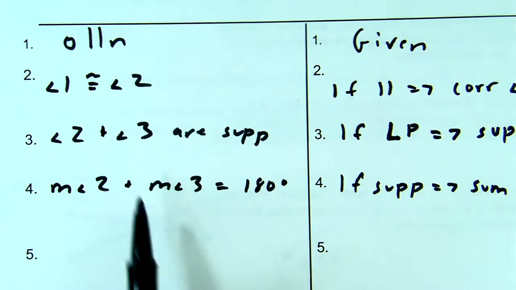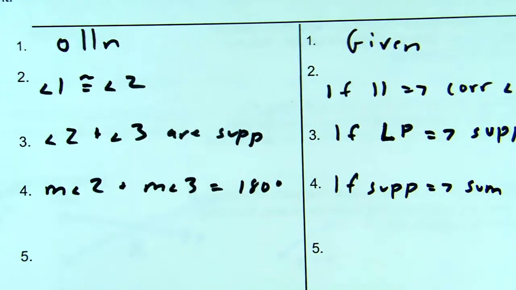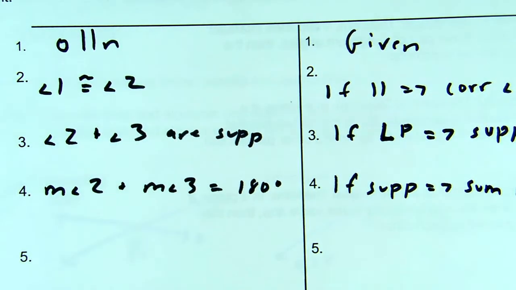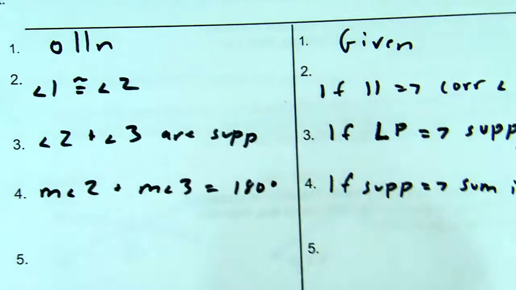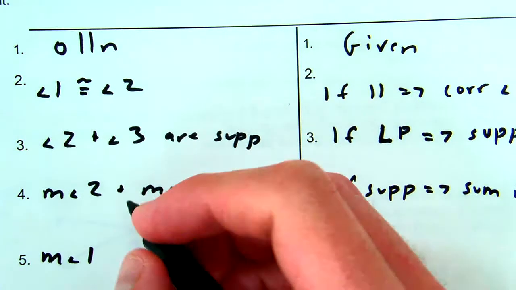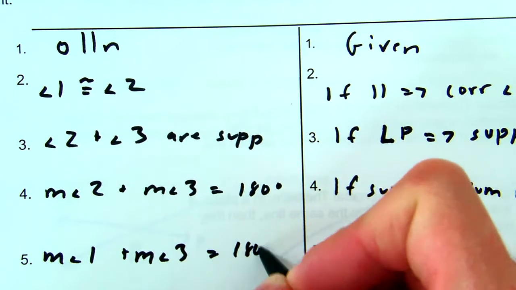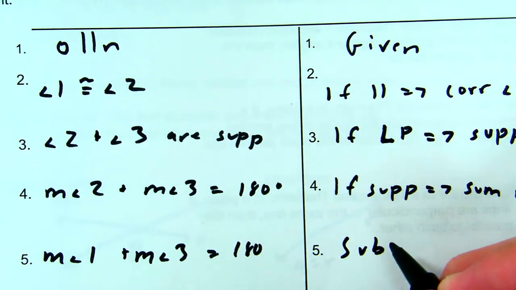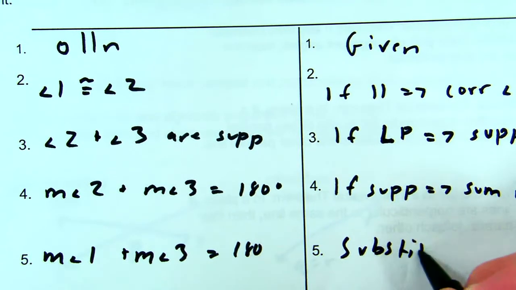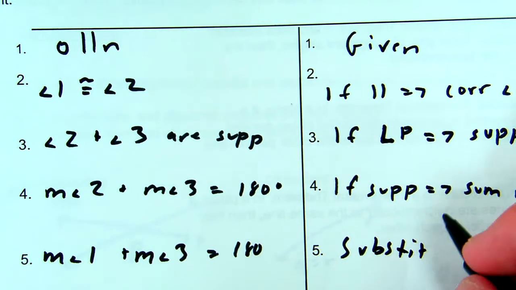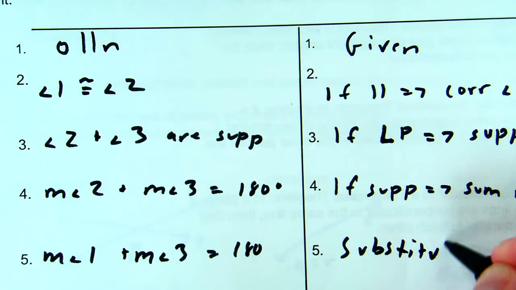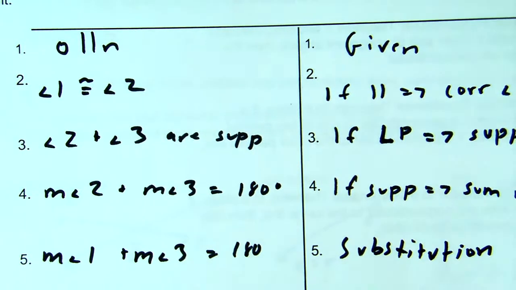What you can do then is, because 1 and 2 are the same, you can swap one in for the other. So now we can say that the measure of angle 1 plus the measure of angle 3 is equal to 180. And when you swap something in for something that is equivalent, that is called substitution property of equality.